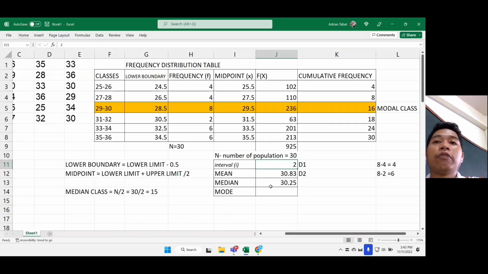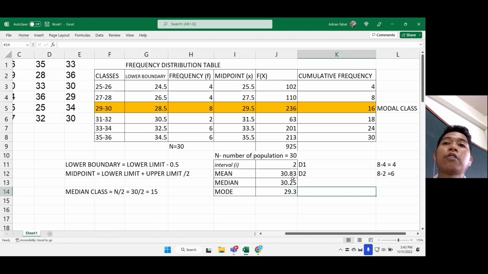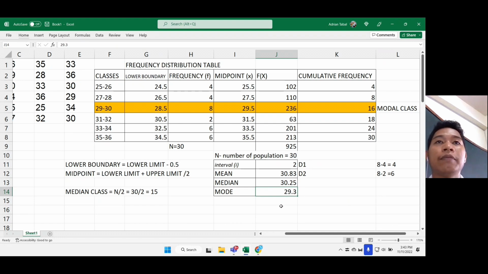Our mode is equivalent to 29.3. If you observe, the values of our mean, median, and mode are almost the same. And that is how we get the mean, median, and mode of grouped data.